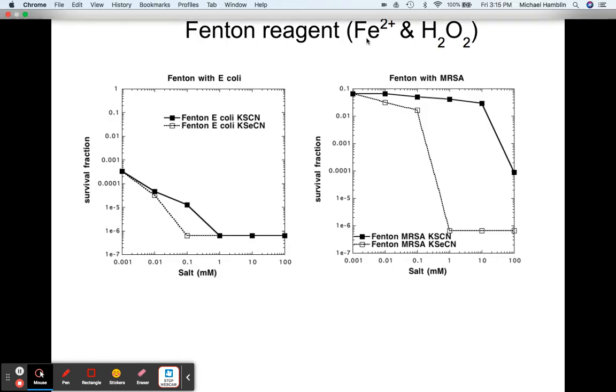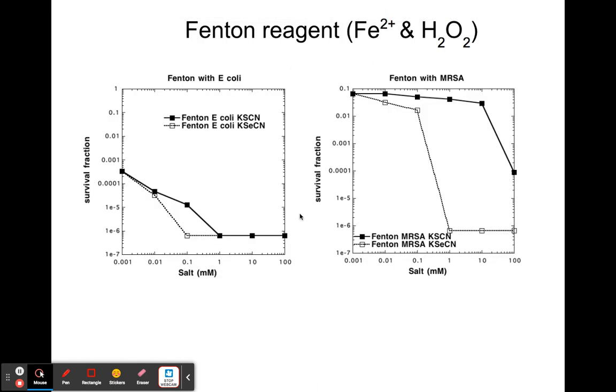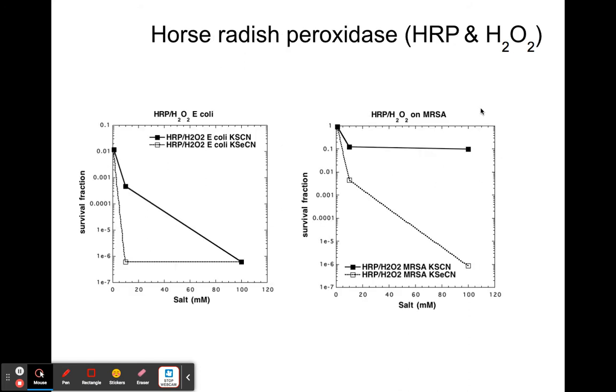Fenton reagent, which is ferrous iron and hydrogen peroxide. If you add thiocyanate and selenocyanate, you get a little bit of potentiation of killing, both with E. coli and with MRSA. It's more pronounced with selenocyanate than with thiocyanate. Horseradish peroxidase is another way of generating reactive oxygen species.